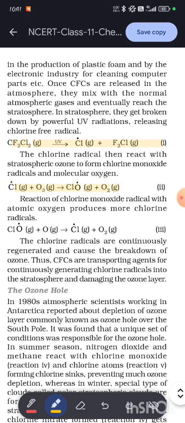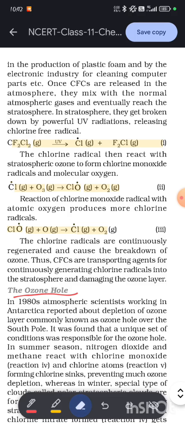Reaction of chlorine monoxide radical with atomic oxygen produces more chlorine radicals. Equation is ClO plus O gives Cl plus O2. The chlorine radicals are continuously regenerated and cause the breakdown of ozone. Thus, CFCs are transporting agents for continuously generating chlorine radicals into the stratosphere and damaging the ozone layer.